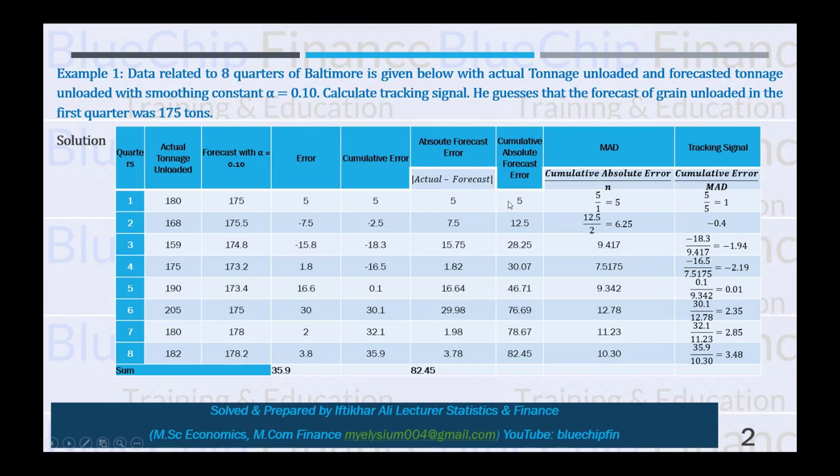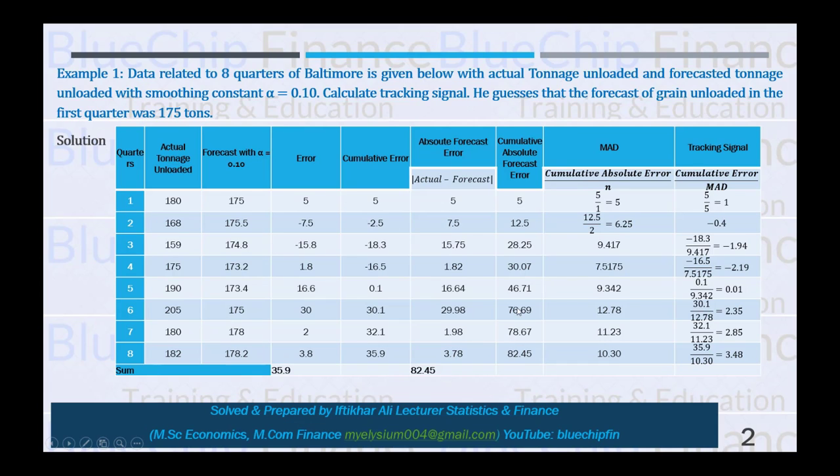Take the first value of absolute forecast error, that is 5, and add the next value of absolute forecast error to the previous cumulative absolute forecast error. So 5 plus 7.5 is 12.5, 12.5 plus 15.75 equals 28.25, 28.25 plus 1.82 equals 30.07, and so on. The last value is 82.45, which equals the absolute forecast error.